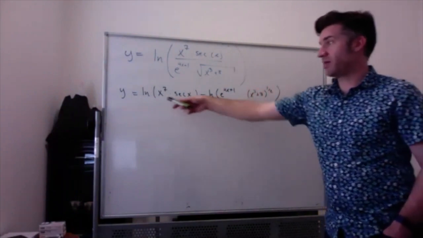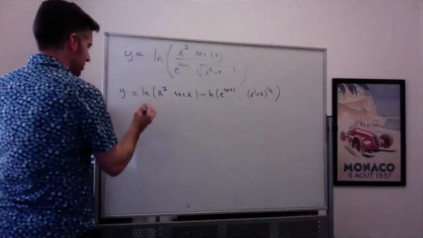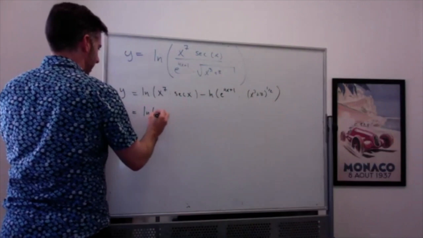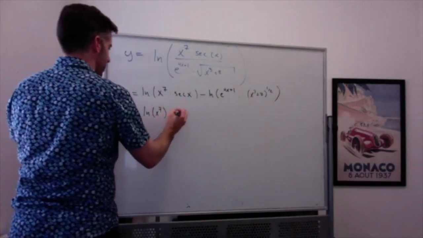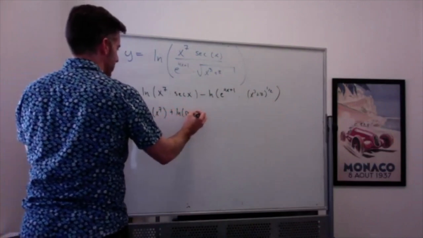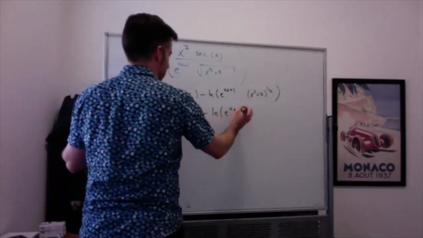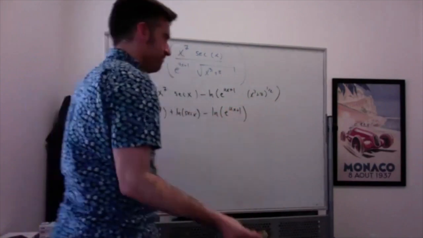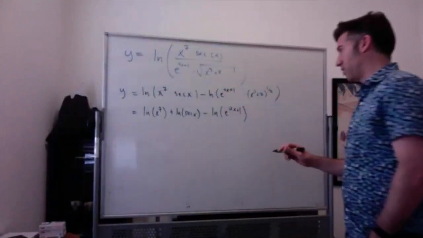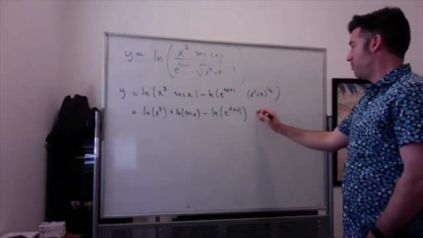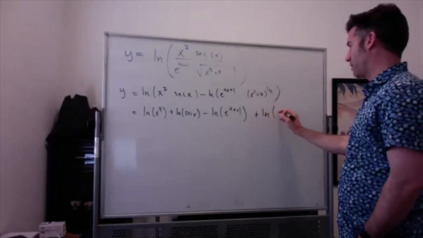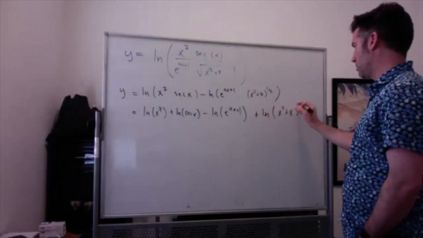And then I'm going to break these up again using the rule for the logarithm of a product. This is going to be the natural log of x to the 7th plus the natural log of secant of x minus the natural log of e to the 4x plus 1 plus the natural log of x cubed plus 8 to the 1/2.